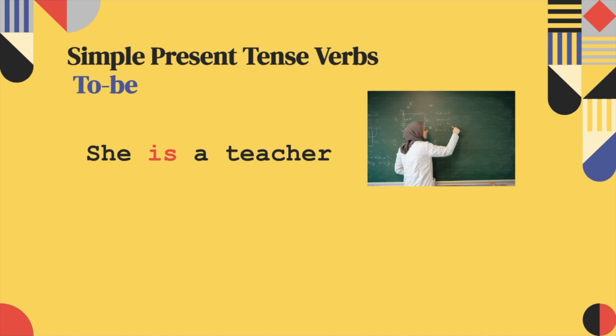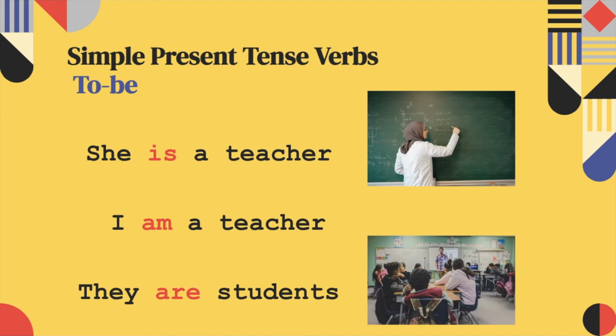Let's take another example to make things clearer. I am a teacher. If I'm talking about myself, the verb becomes am instead of is. Let's take a third example. They are students. If we're talking about all of the other personal pronouns, we use are.